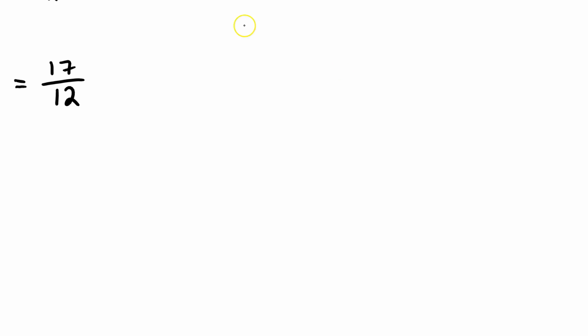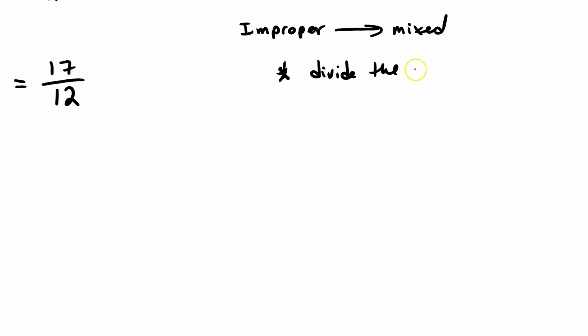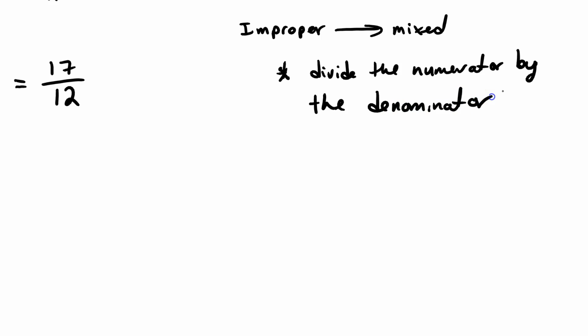So when you're going from improper to mixed, the first thing you want to do is divide the numerator by the denominator. Then subtract to find the remainder.